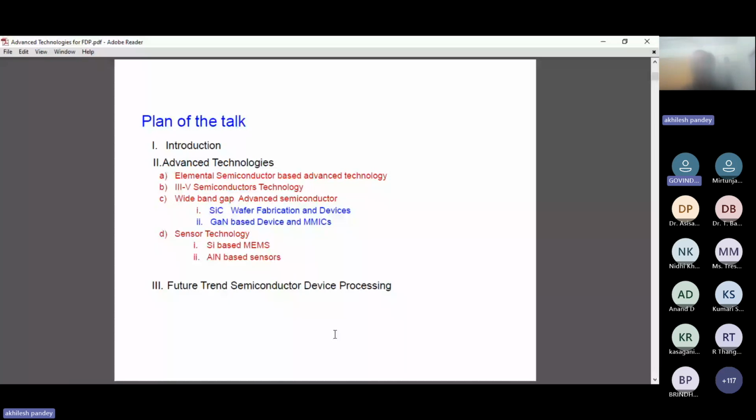Then slightly I will touch about the silicon carbide based MEMS, in which slightly I will tell about the MEMS technology and aluminum nitride based sensors. Then at the last I'll explain about the future trend semiconductor device and device processing. So this is the plan of my talk.